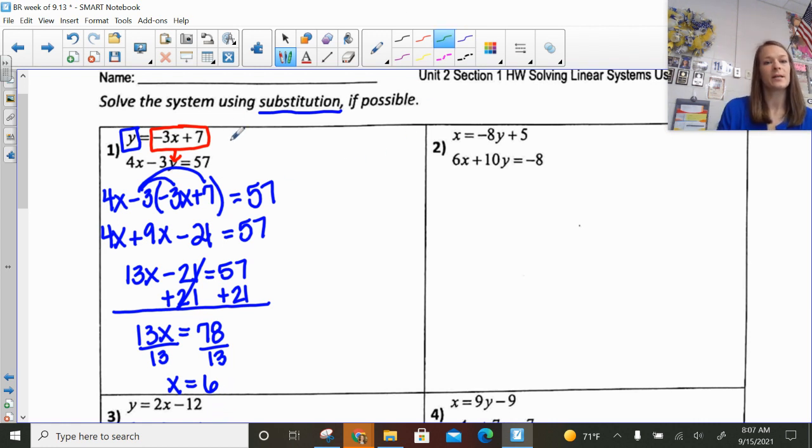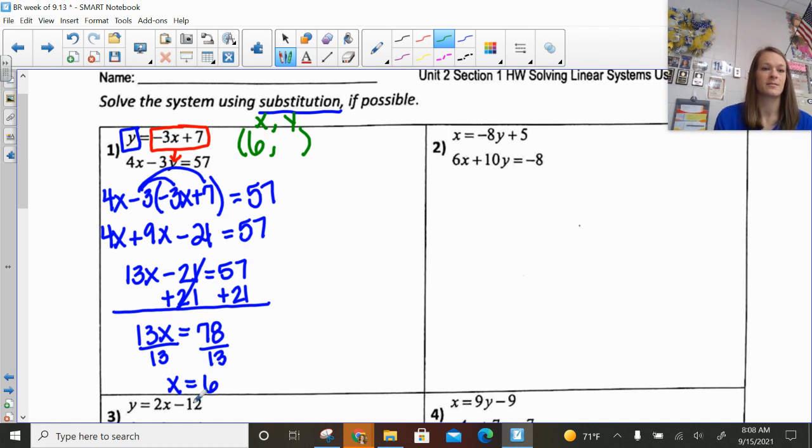Remember, when we're doing a system of equations, we always have an x and a y for our solution. So I have found my x, which is 6. I found my x this time by using substitution. I plugged negative 3x plus 7 in for y and solved for x.